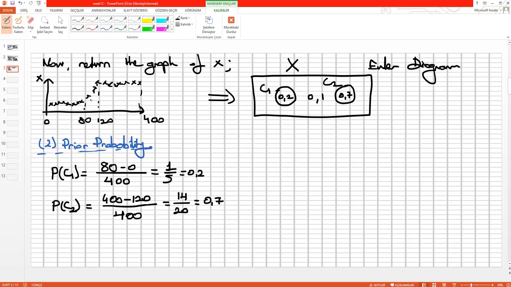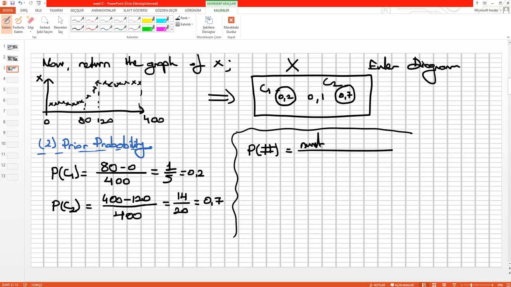From this information, how can we get the prior probability? The prior probability can be calculated with the number of class points here, divided by the total number of samples.